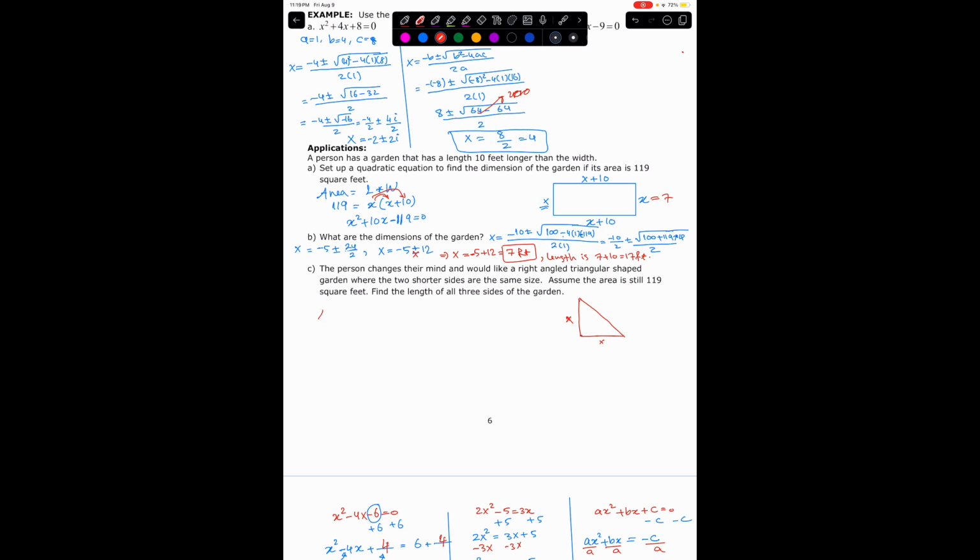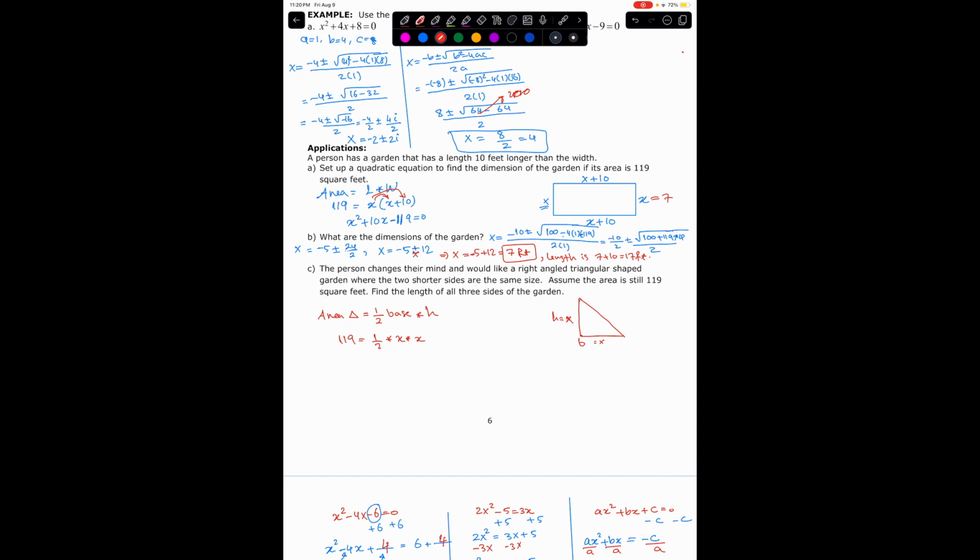So we know that the area of a triangle is half the base times the height. Let me say just h, the height. Okay. So I know that the height is x, and I know that the base is x. So the area 119 is equal to 1/2 times the base is x times the height is x.